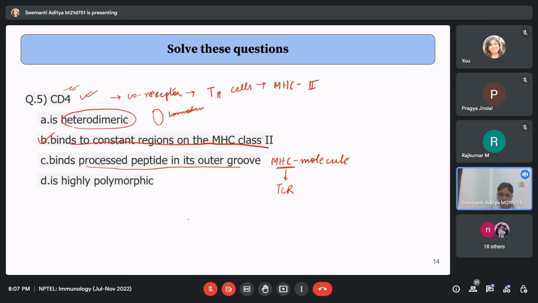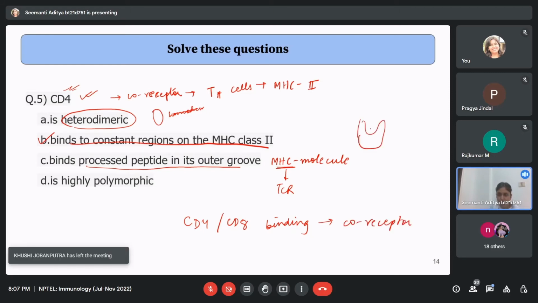CD4 and CD8 binding is in no way related to this direct interaction between antigen and T cell receptor. It is just a co-receptor. What are co-receptors? Co-receptors are nothing but just playing an accessory role.